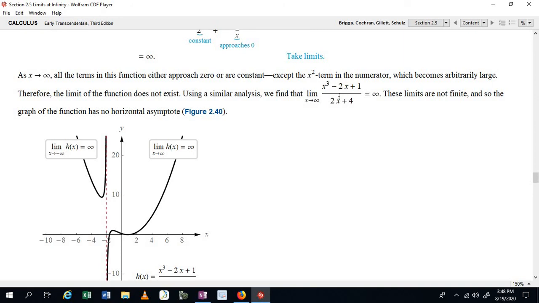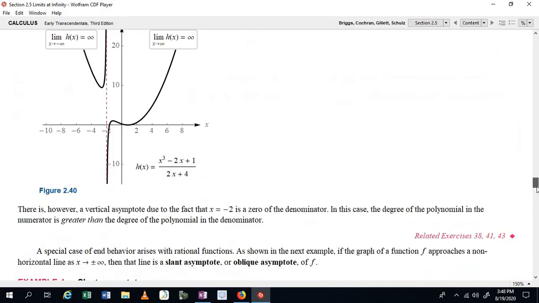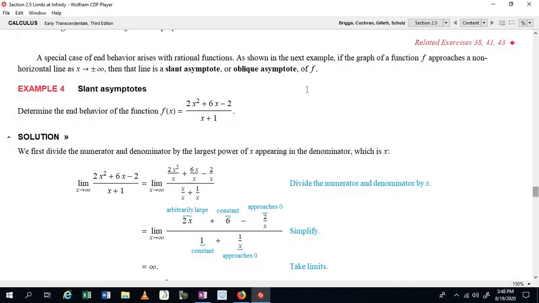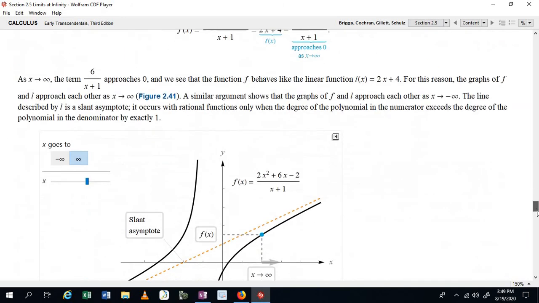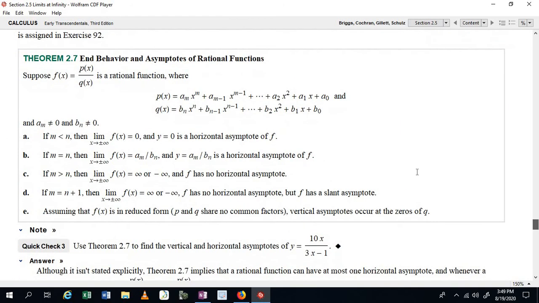In this case, it's bigger by 2. And so this didn't result in a slant asymptote. Whereas this one did, because the degree of this one was bigger by 1. So I think this is a useful theorem to refer to anytime you're working with rational functions and their end behavior and their asymptotes.